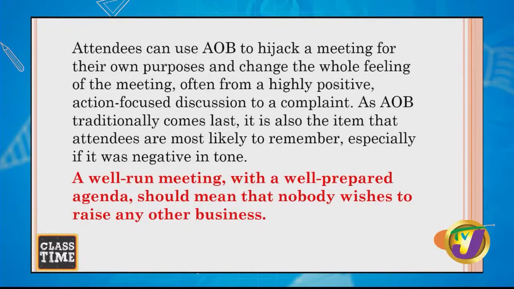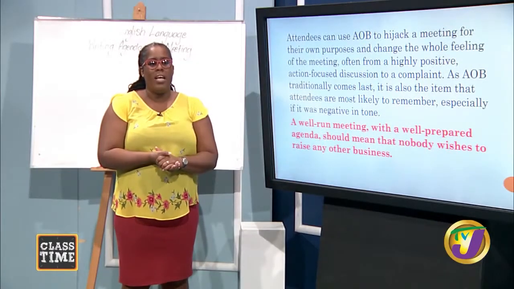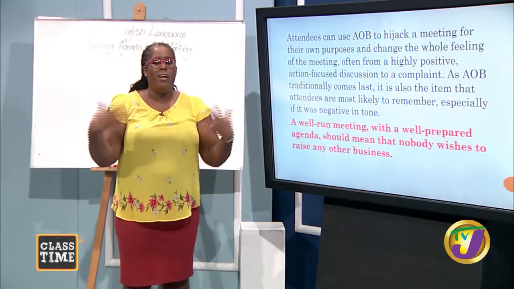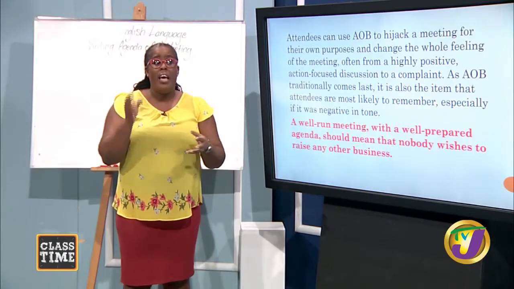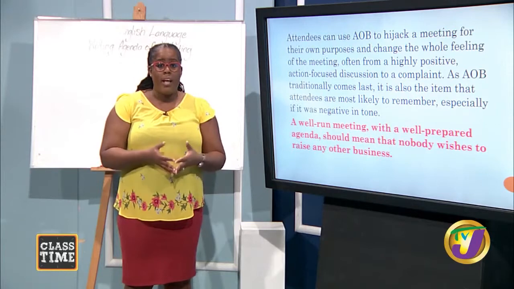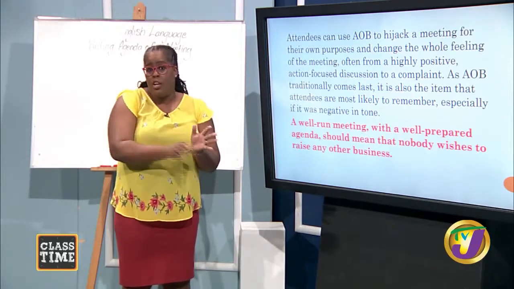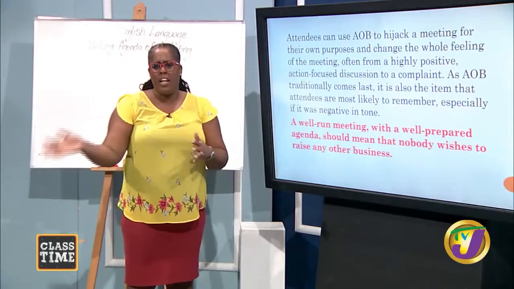When I'm attending a meeting, this is the part I really don't like, because this is where persons tend to go on and on. And this is where the meeting tends to go over, right? So, as the chair, you would just guide the person and say, okay, this is not something that should be discussed here.